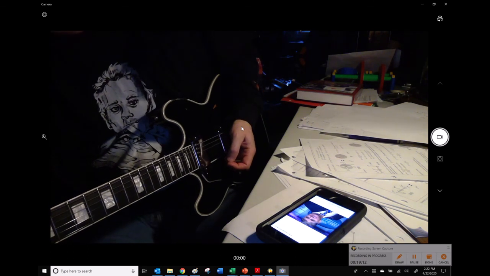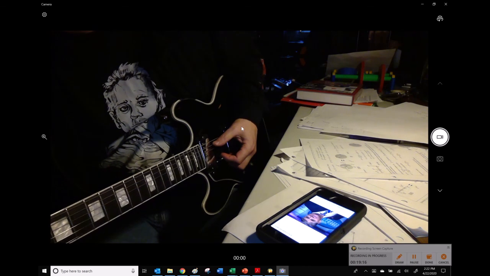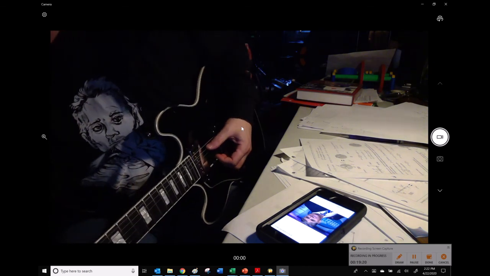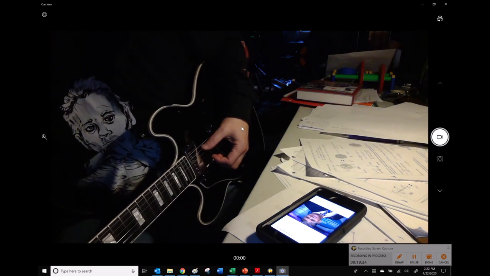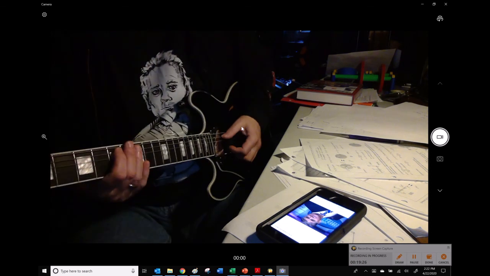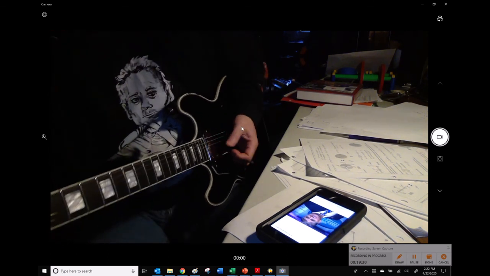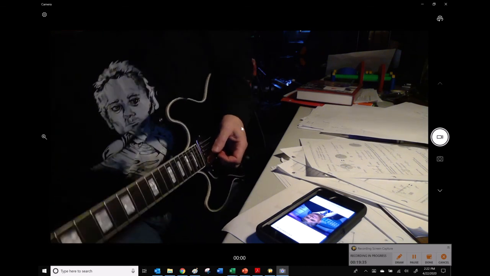Let's turn this into a distortion thing. And let's turn on delay. And let's really make... Oh, I know why. I have a compressor on it.